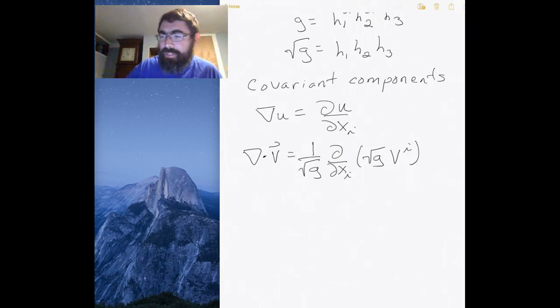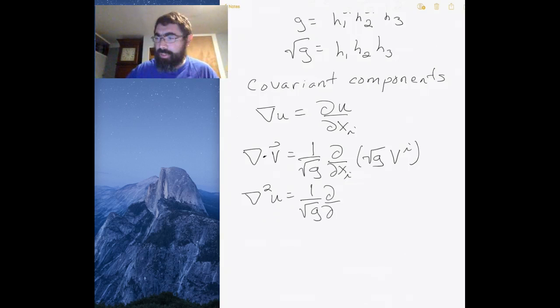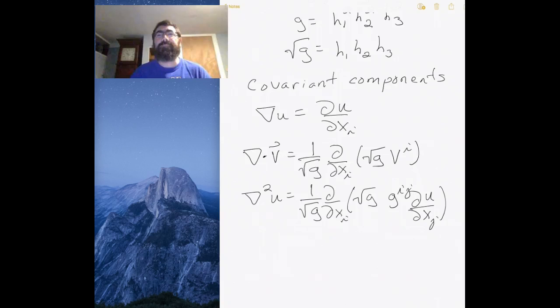For the Laplacian, I can write this as del squared of u, the scalar function, as 1 over the square root of g, the derivative with respect to x sub i, of square root of g times the metric tensor, the contravariant form, and then the covariant form of the gradient.